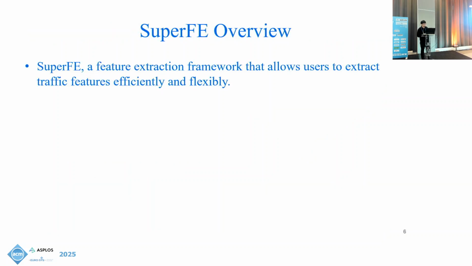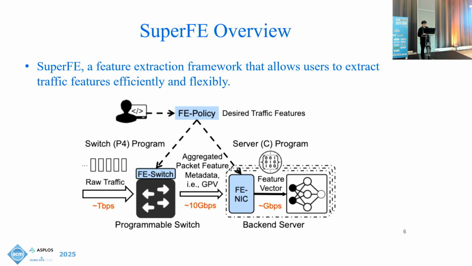Our answer is yes. In this paper, we present SuperFE, a feature extraction framework that allows users to extract features efficiently and flexibly. SuperFE's improved performance and flexibility are derived from the following three key techniques.